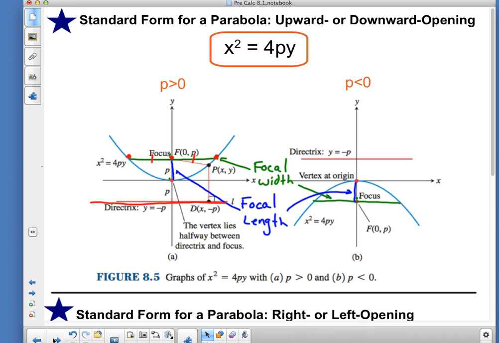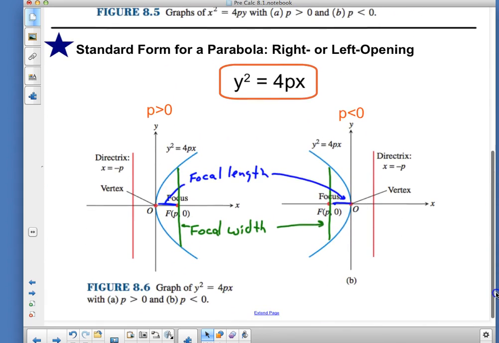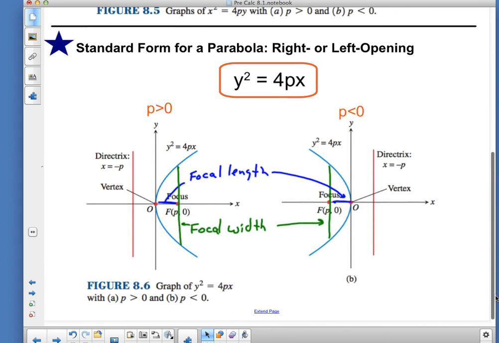When I'm going left or right, it's y squared equals 4px. And my focal length is still the same direction from the vertex. It just tells me if I'm going to go from the vertex to the right or the vertex to the left, and wherever my focus is, my directrix is opposite it.